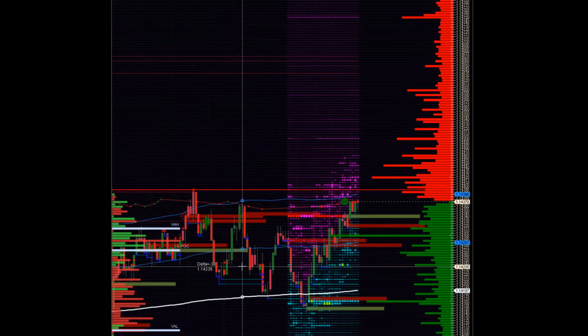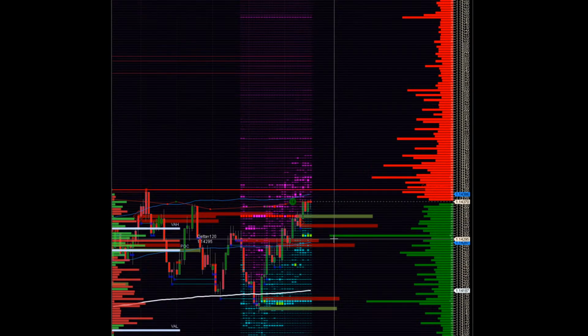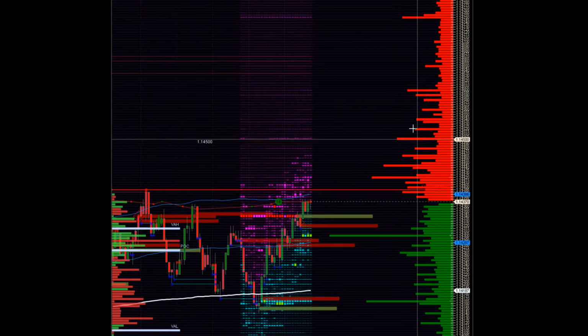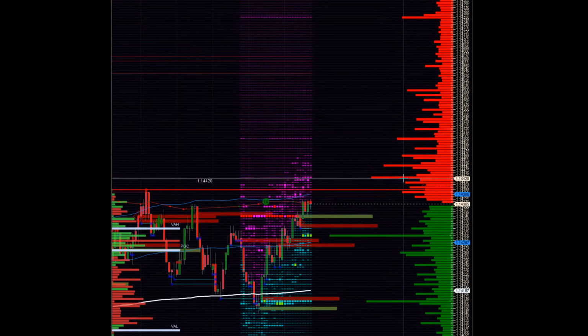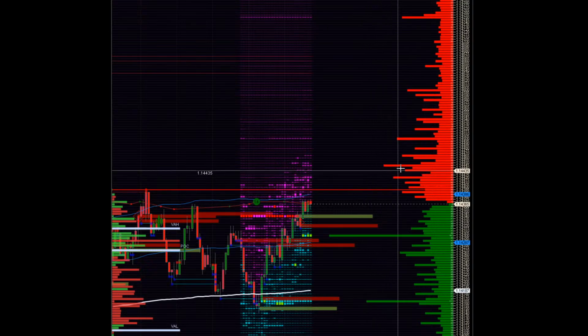Okay, so with this said, let's try to find some opportunities. We can see the liquidity on the left side of the screen. This is the liquidity, which tells us the amount of contracts that are waiting to be filled.